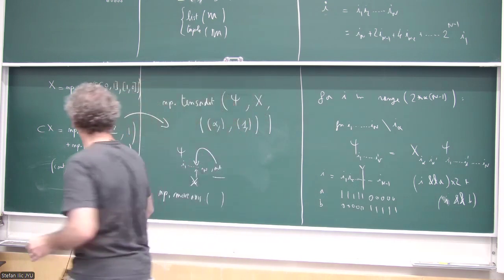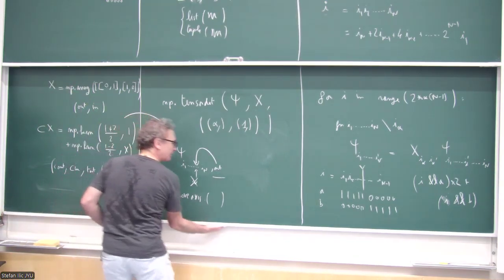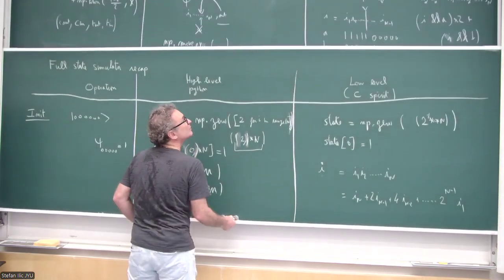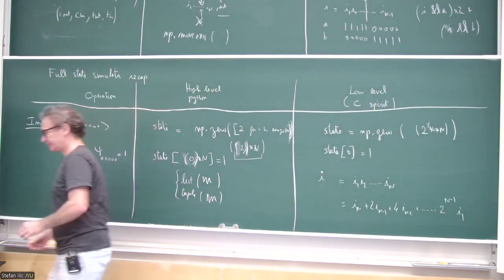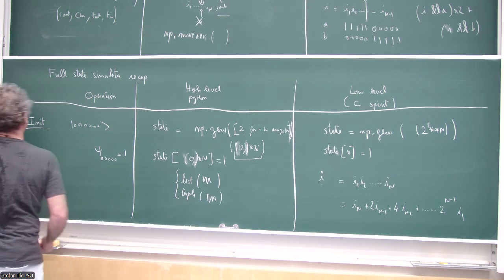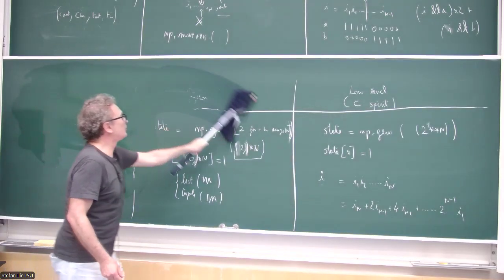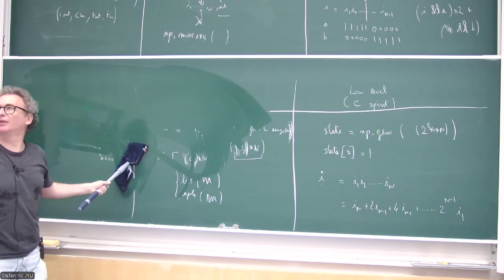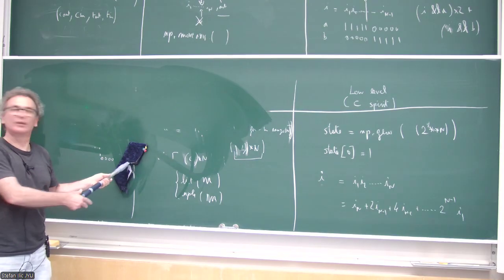Now let me go back to the MPS simulator. But once you have struggled a bit with the full state, the MPS will be a piece of cake. Essentially, you just have to have a list of tensors and keep track of these indices.